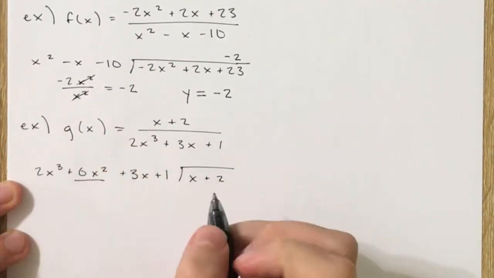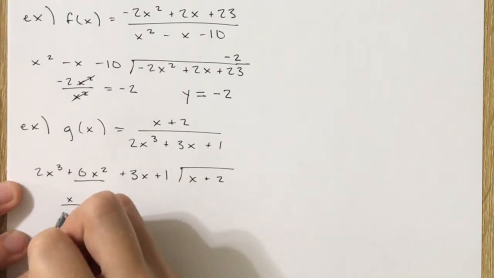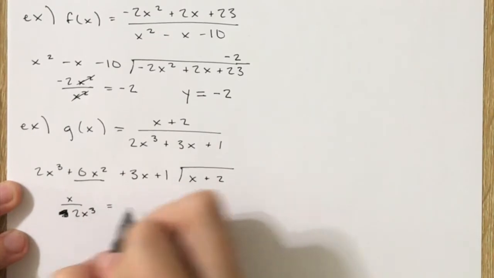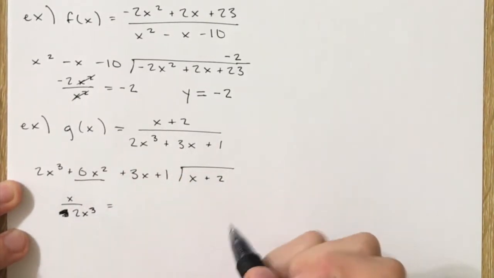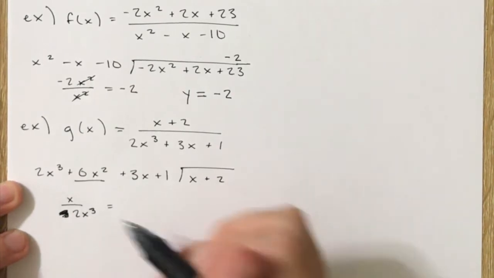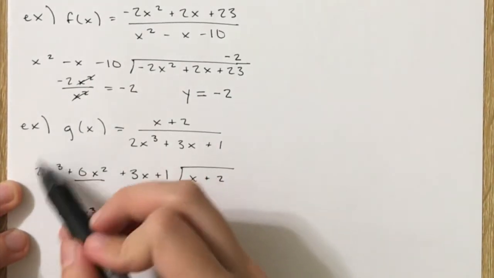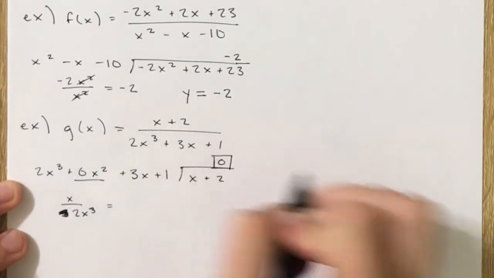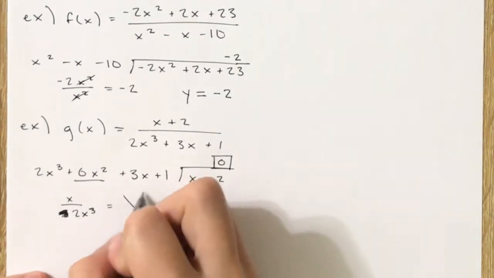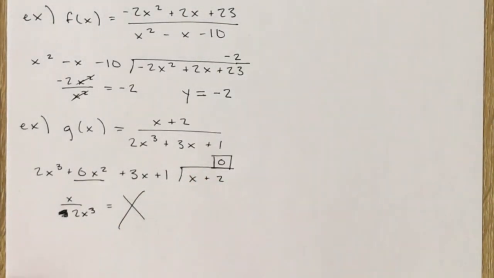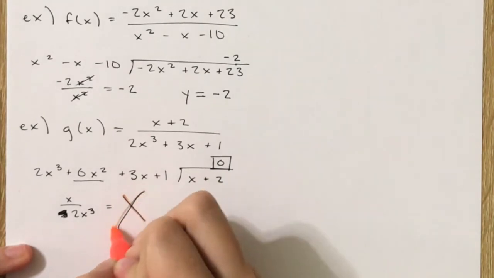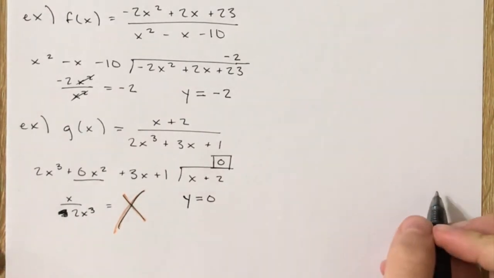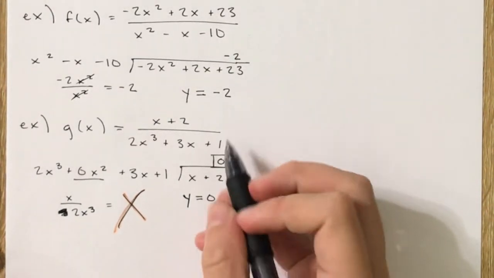So we have x over 2x cubed. Can I divide x by 2x cubed? Definitely not. We can't fit 2x cubed into just x, so this is 0. Again, I will mark it with a color so we don't confuse it for a really big X. This tells us that y equals 0 is a horizontal asymptote for this function.